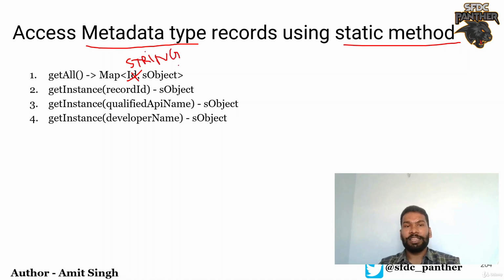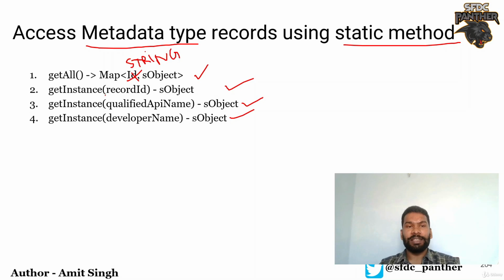There is one method which is getAll, which is going to return the map of string and object. It is not an id, that's why I have just corrected it here. And then we have got getInstance. There are three types of getInstance method with three different signatures.